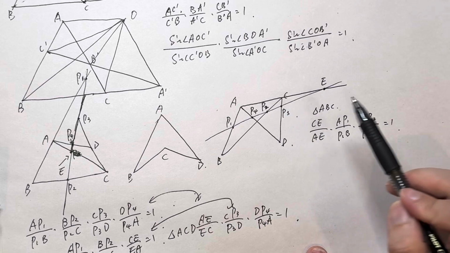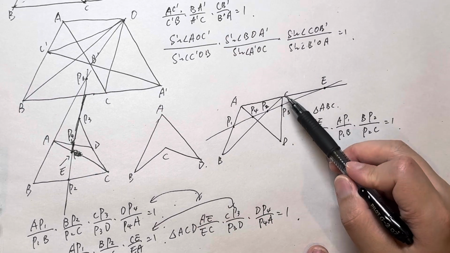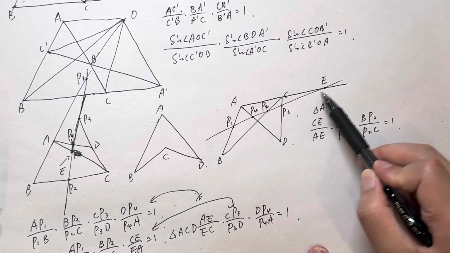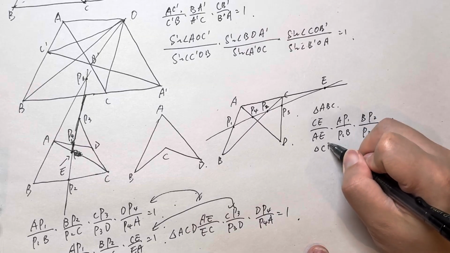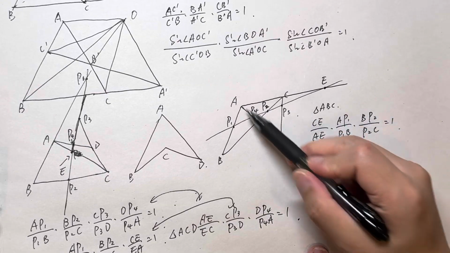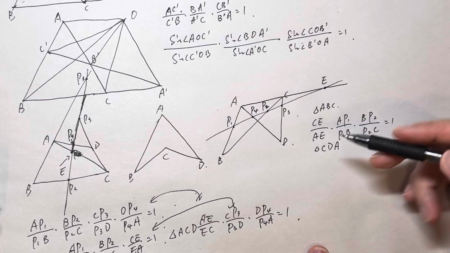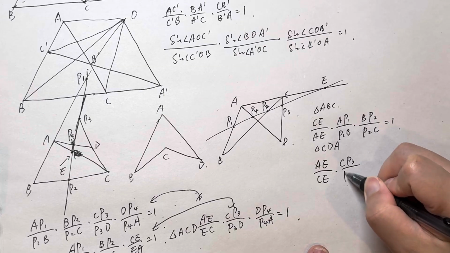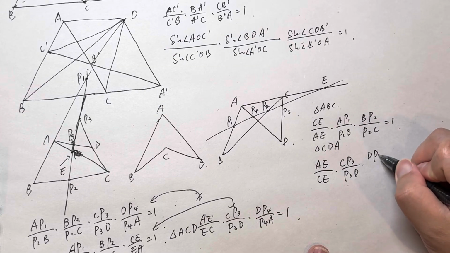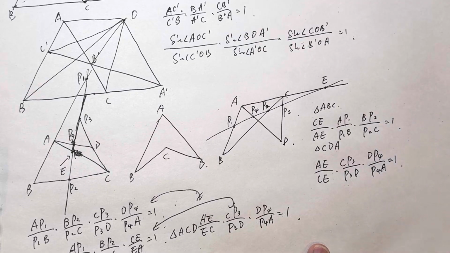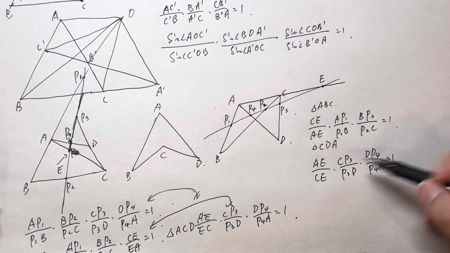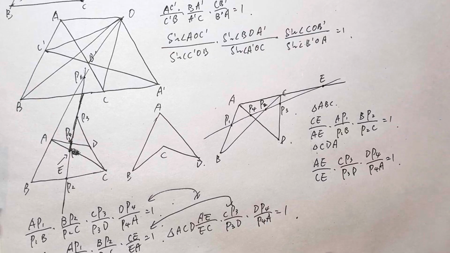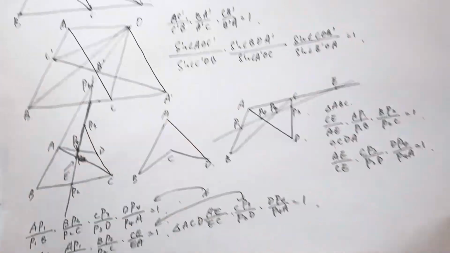And for the triangle CDA and this line, because we want to cancel this, so we start from A now. AE to CE times CP3 to P3D times DP4 to P4A equals 1. Right, we multiply these two, we can see that CE to AE cancels with AE to CE, and then the rest of the part is the equation that we want.